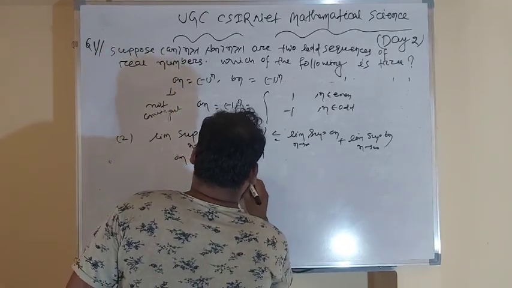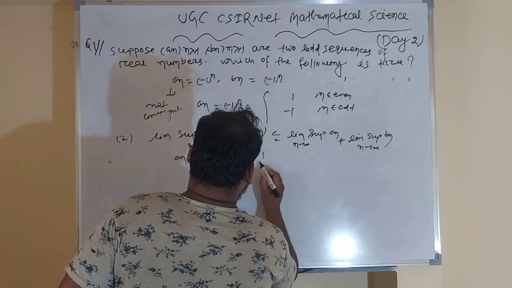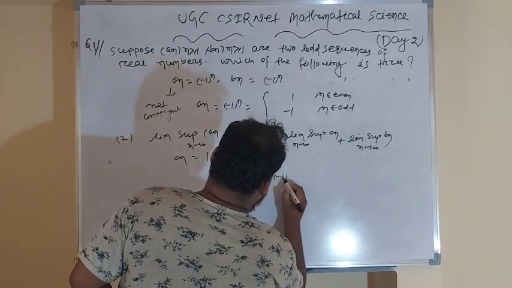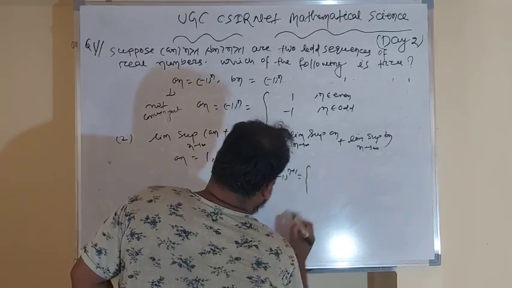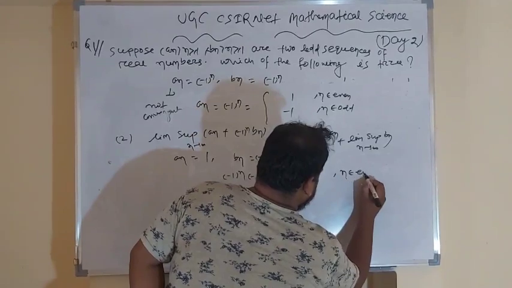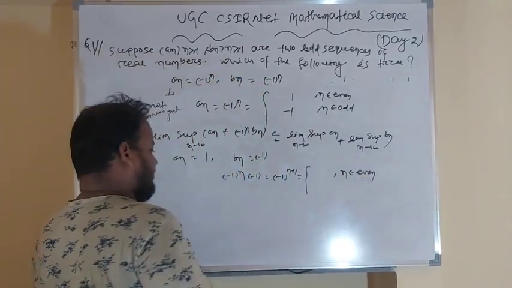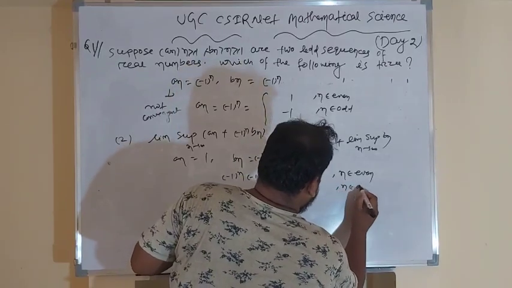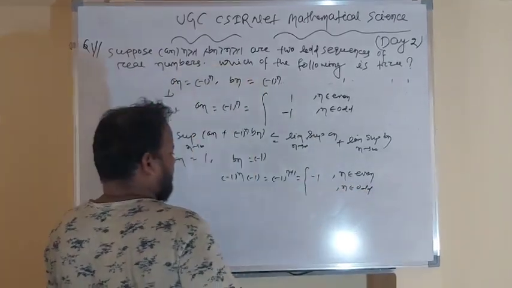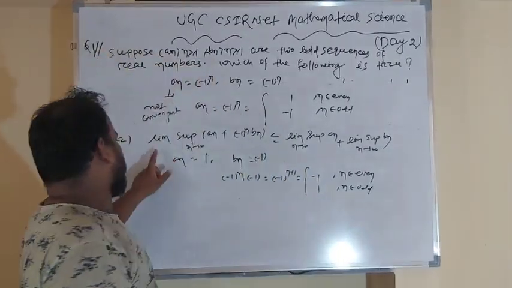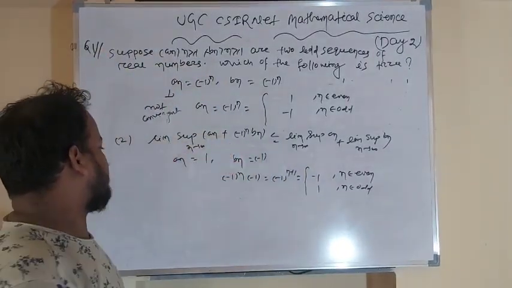Then minus 1 to the n into b_n, suppose b_n is minus 1, then minus 1 to the n plus 1. What is this sequence? Suppose n is an even term, 4 plus 1, 5, minus 1. Suppose n is an odd term, 3 plus 1, 4, this is plus 1.